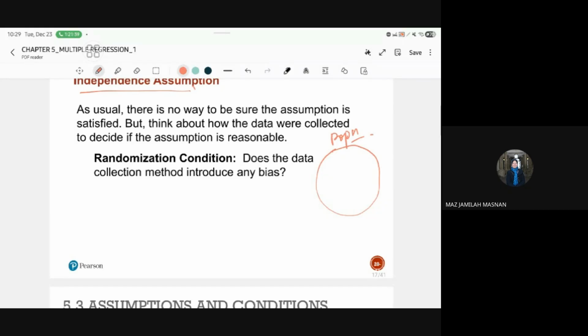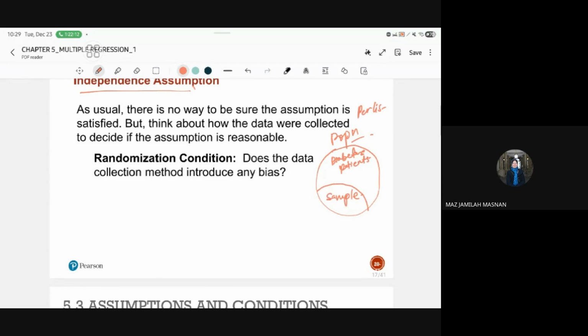If you are talking about diabetes patients, you should collect data that represents the whole population. If you are collecting data for Perlis, for example, you need to make sure your sample represents Perlis per se.